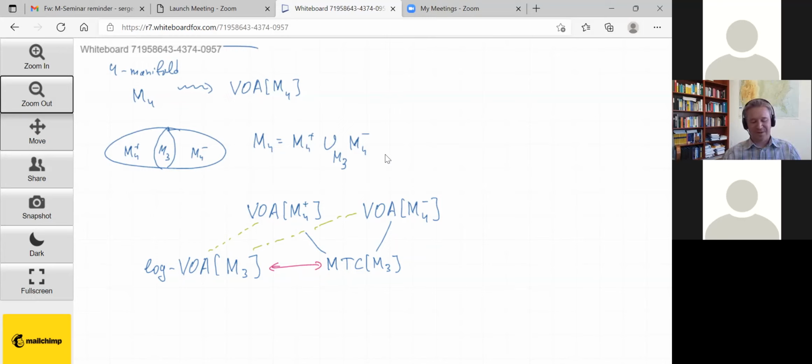Similarly, one can expect that log VOA of M3 sits inside VOA of M4 plus and M4 minus as some small subalgebra or something. And again, it's probably right. I don't know in what sense this is true or how to make it precise.